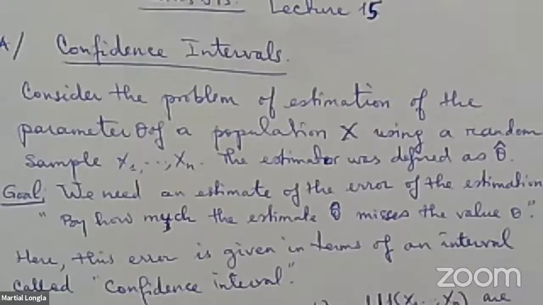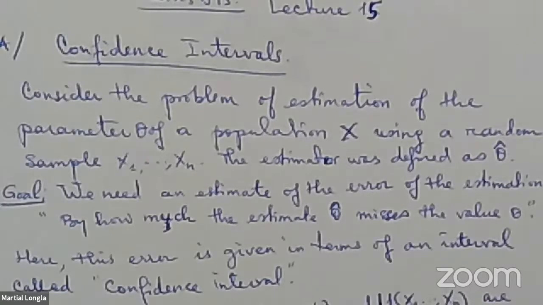And our goal is to estimate the error of the estimation, which means to have a measure of how off we can be by using our estimate, claiming that it is theta. Does that make sense?